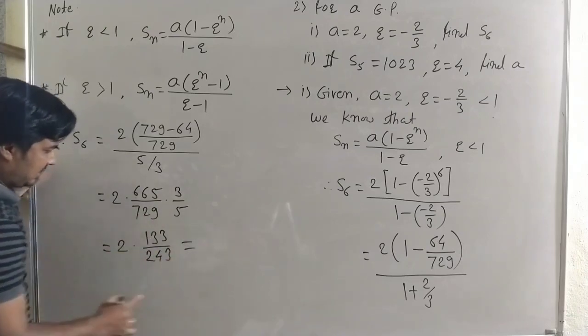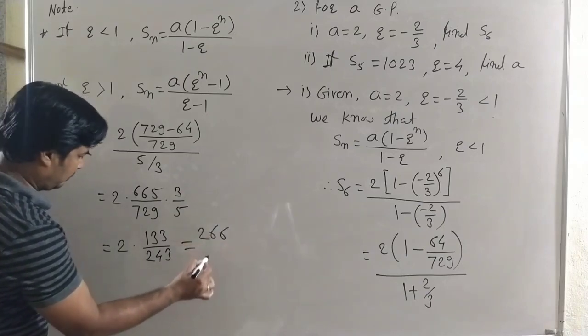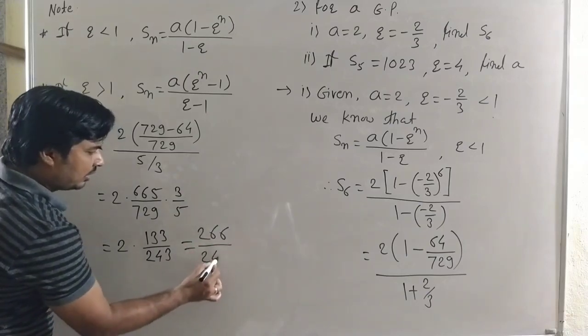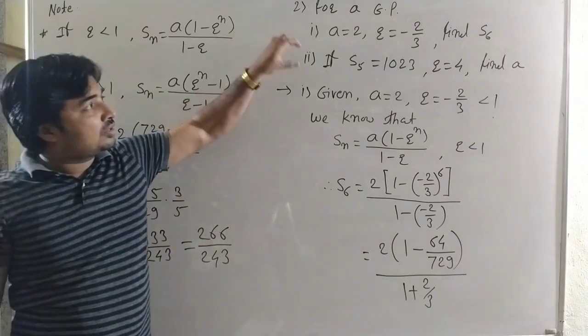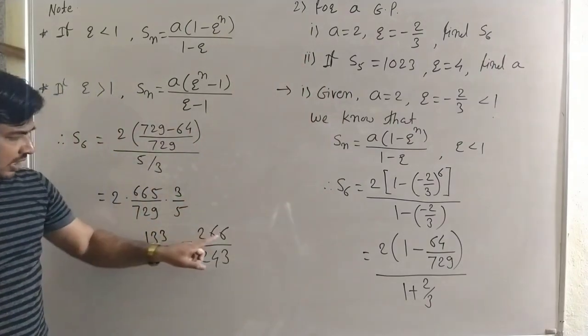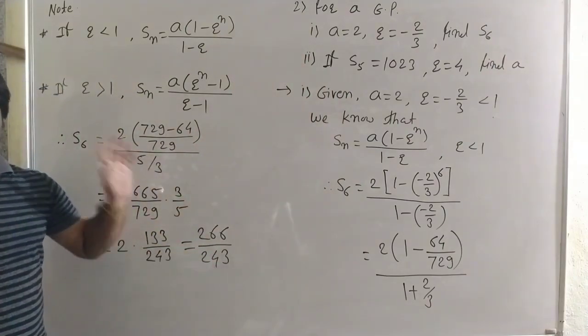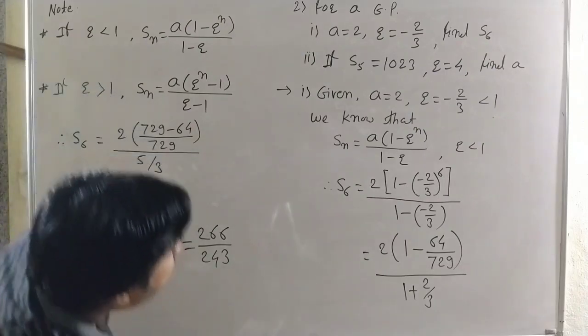And then the last answer is multiplied by 2, so 266 upon 243. Now S6, the sum of the first 6 terms in the geometric progression, is 266 upon 243. See carefully, check the calculations.